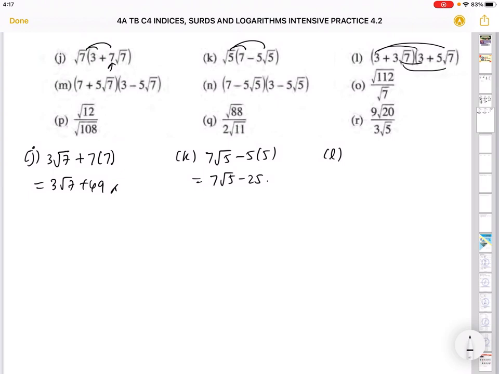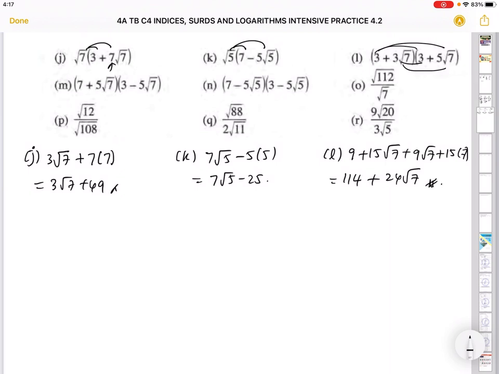So 3 times 3 is 9, 3 times 5 is 15, 15 root 7, 9 root 7, and lastly 3 times 5 is 15, root 7 times root 7 is just 7, and there's a 7 here. Okay, so let's plus 15 times 7, 105, 105 plus 9, 114, and 15 plus 9 is 24, 24 root 7.